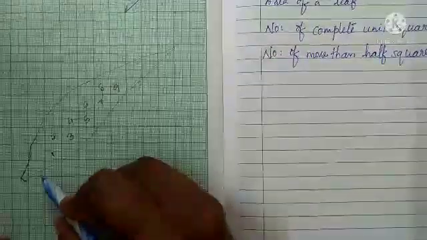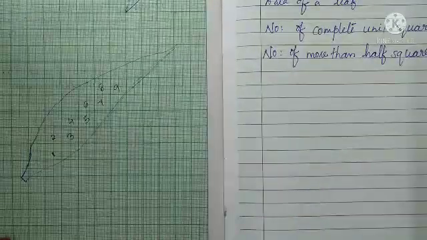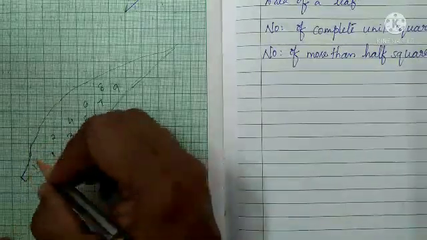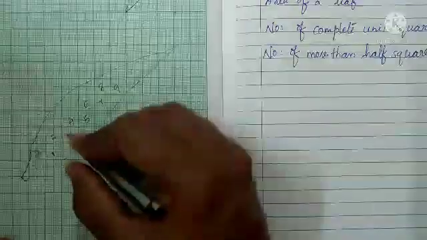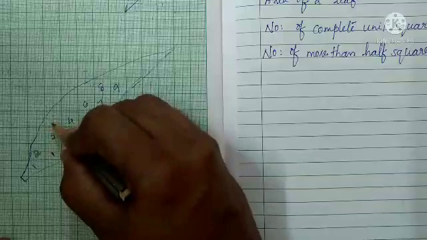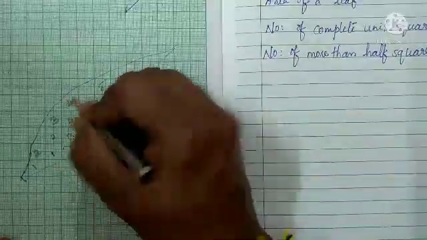So listen, more than half is here. I can write it with another pencil. 1. Understand? This is also more than half square. 2. This is less than half. And this is more than half. So 3. And this is 4.